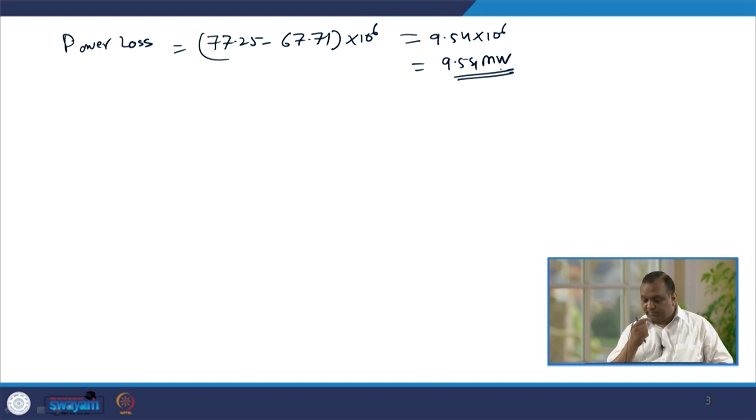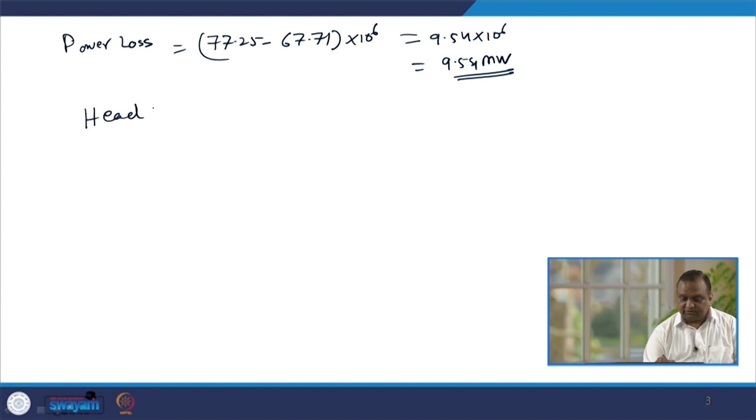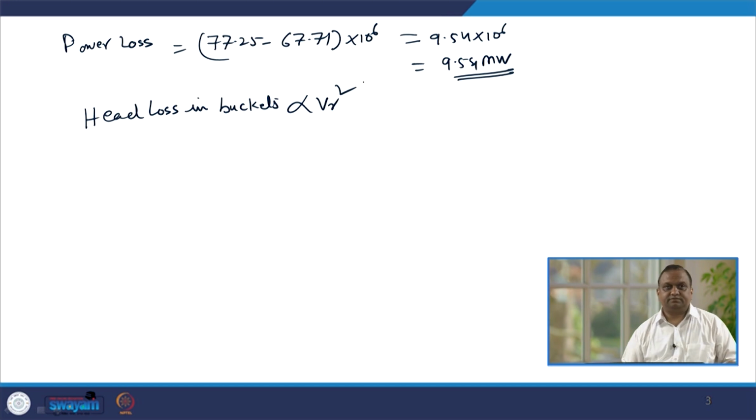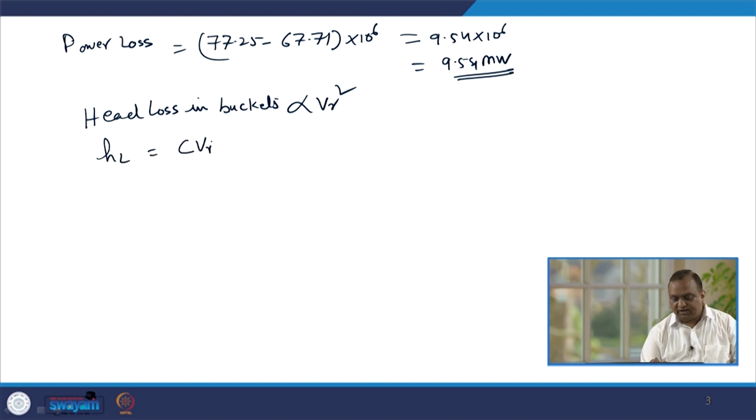Now, head loss in the buckets is proportional to VR square. It is mentioned, it is proportional to the VR square. So, head loss is equal to a constant C VR square.